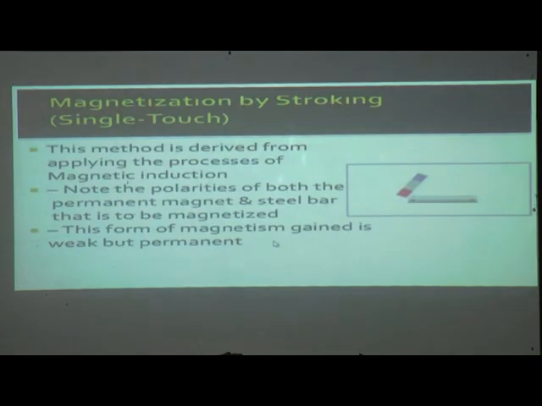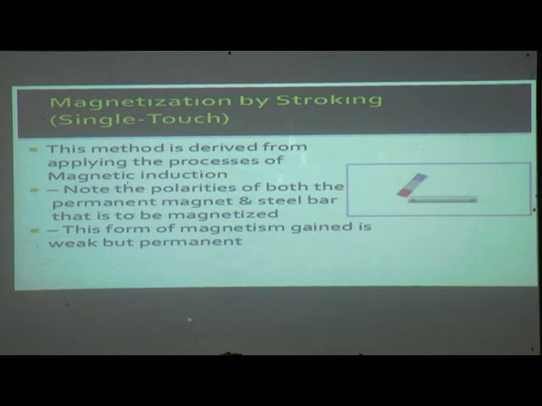Now, magnetization by stroking. By stroking we can change a substance into a magnet, by two methods: single touch and double touch. This method is derived from applying the processes of magnetic induction. Note the polarities of the permanent magnet. We take a permanent magnet, then a steel bar, which is a magnetic substance.